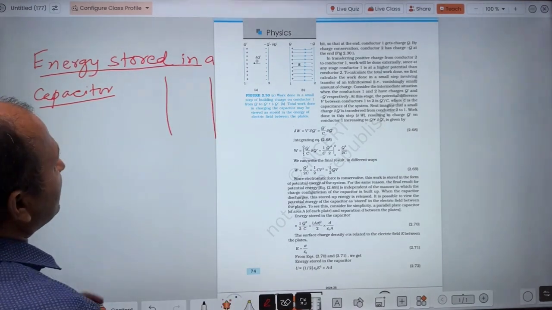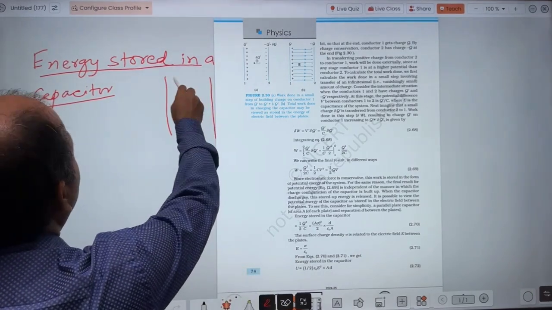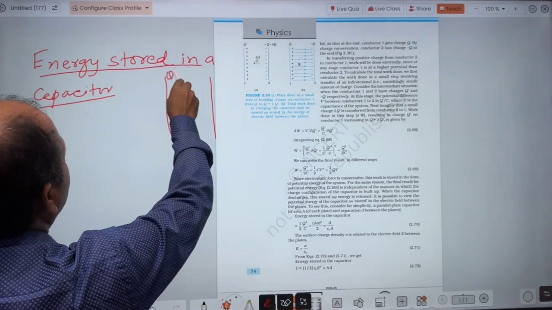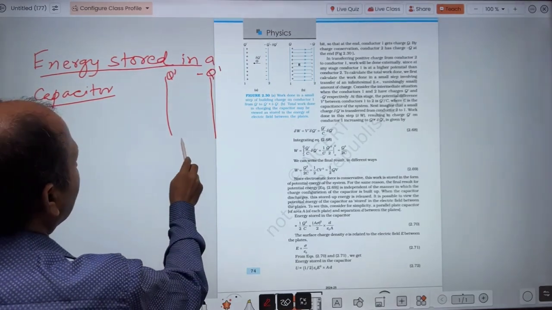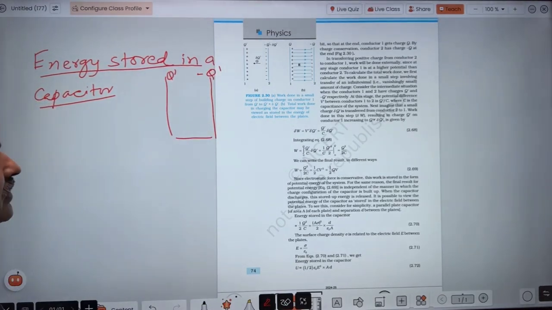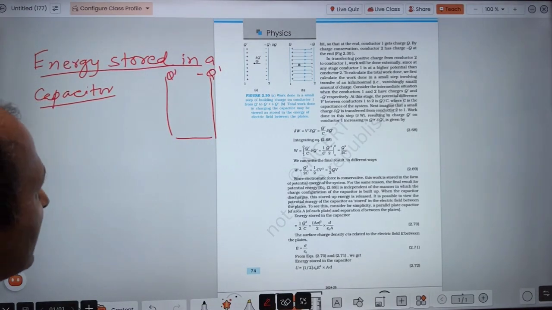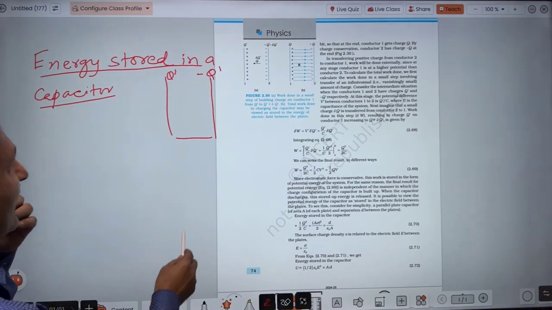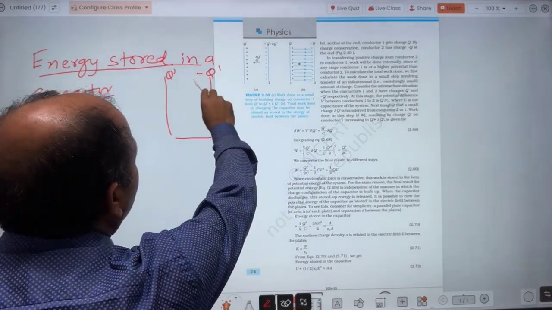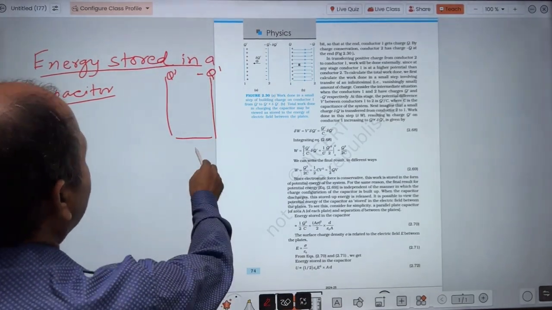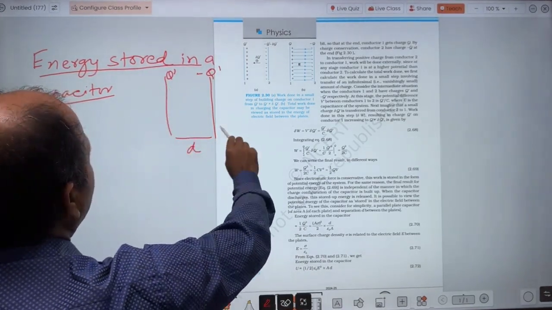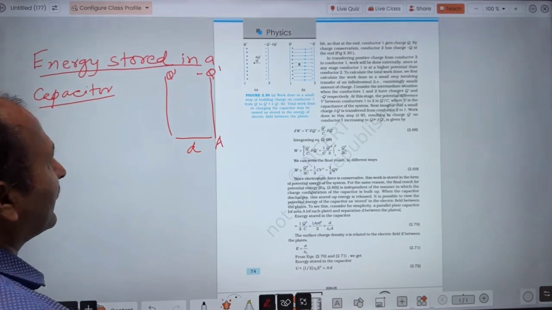Initially, suppose some charge is given to these plates. Suppose this plate has charge Q dash, so this will have minus Q dash. So there will be a potential difference, say it is V dash. Now separation between the plates can be taken as D, and the area of each plate is say A, right?